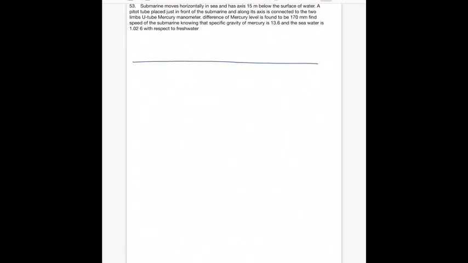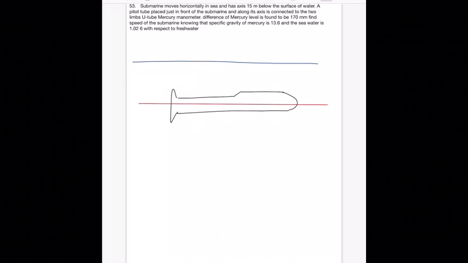So this is the top surface, and here we have a submarine. I'm going to draw it like this. You have the submarine. The axis of the submarine is 15 meters below the top surface of seawater, and a pitot static tube is connected in front.